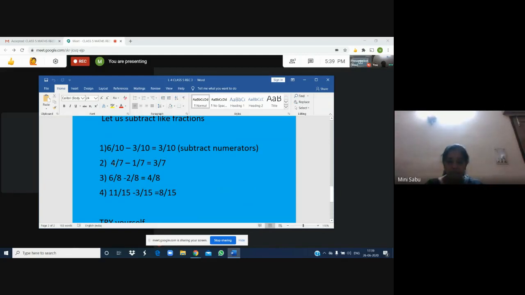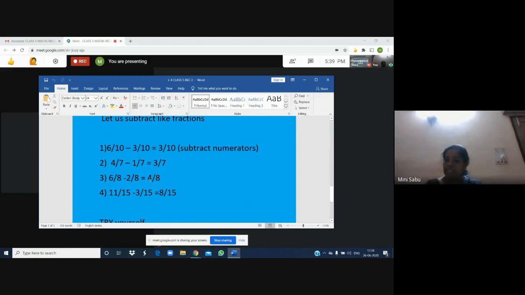One more example. 4 upon 7 minus 1 upon 7. We have to subtract the numerators. 4 minus 1 equal to 3. So the answer is 3 upon 7. One more example. 6 upon 8 minus 2 upon 8. Here also you have to subtract the numerator. 6 minus 2 is 4 and denominator remains the same.